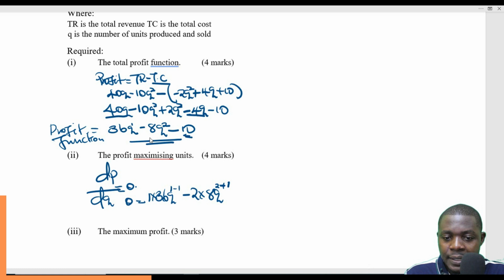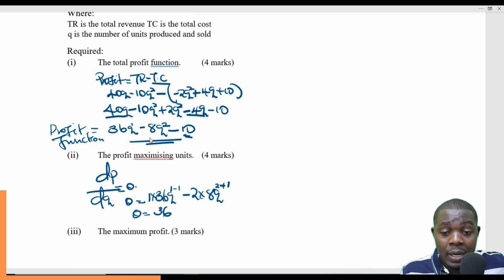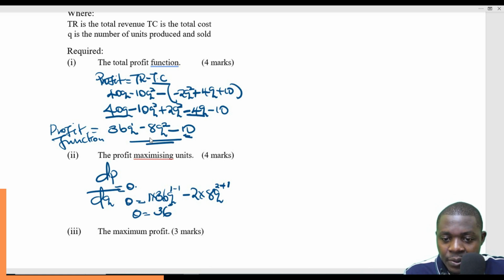So we are having 0 is equal to 36. 1 minus 1 you get 0, Q raised to power 0 is 1, that's why we just drop it. You don't write it. So 36 minus 2 multiplied by 8 gives 16Q, 2 minus 1 gives 1, so that's just Q raised to power 1.